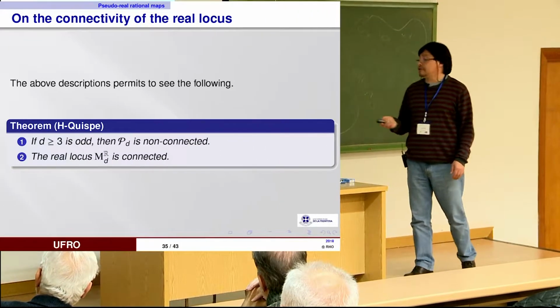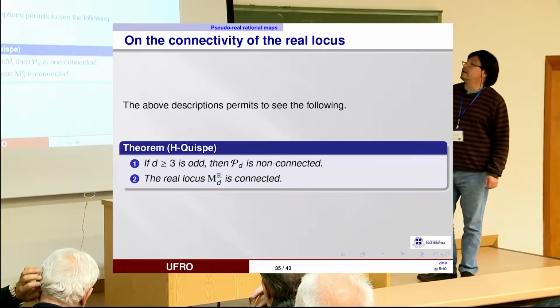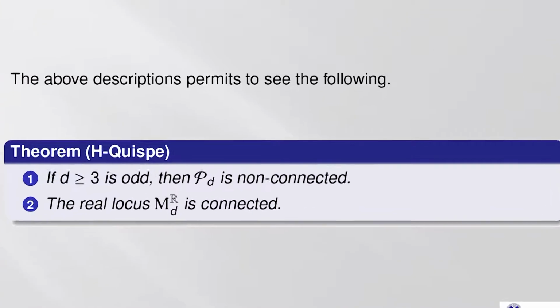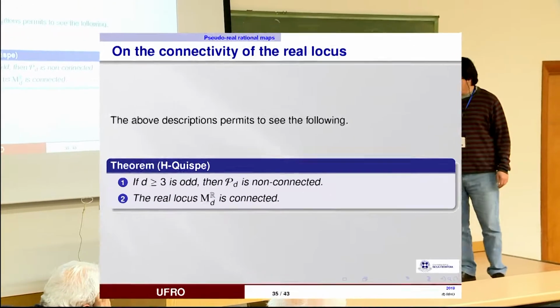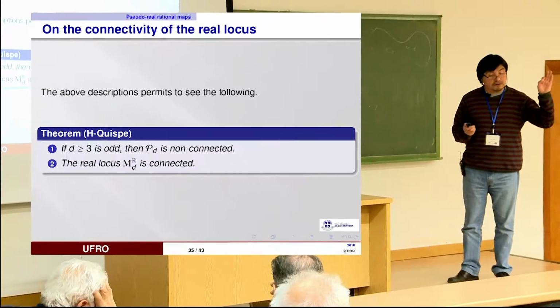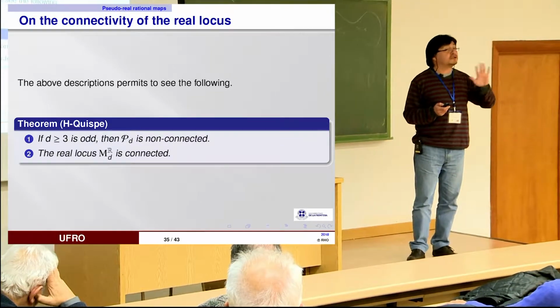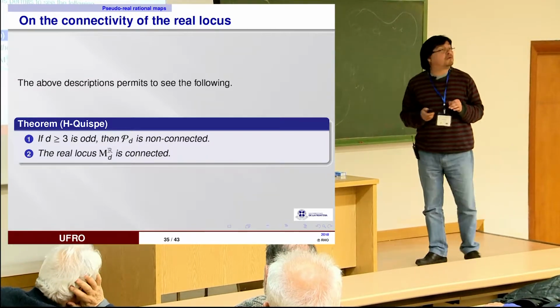So I told you this should have been before. For these, the pseudo-rational map locus is disconnected, but when you plug it together with the locus of real rational maps, this is connected. Yeah? So the branch locus, which is concerned with holomorphic automorphism, is disconnected, and the real one is connected.